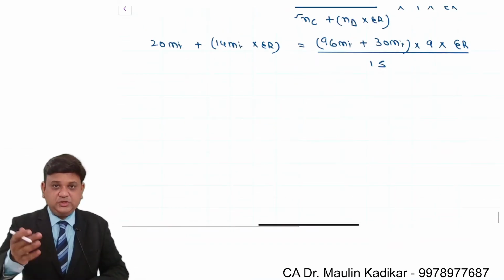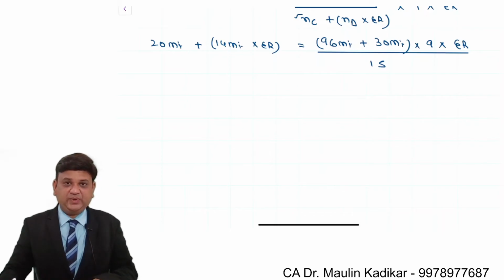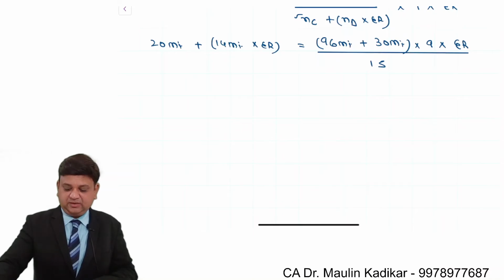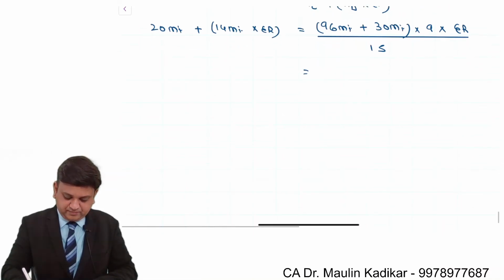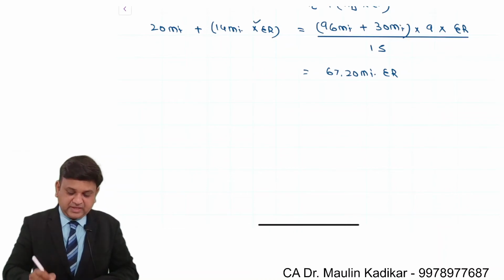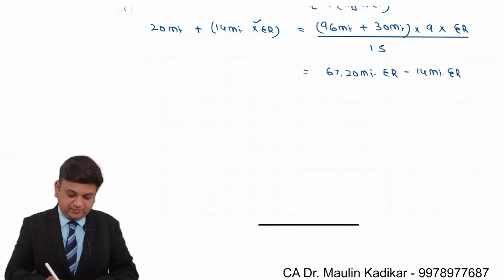So I request you to use a calculator. 96 plus 30, that is 126. 126 into 9 comes to 1008. Divided by 15 comes to 67.2. So 67.2 million exchange ratio. This is transferred to the opposite side, so it is deducted: 14 million exchange ratio.